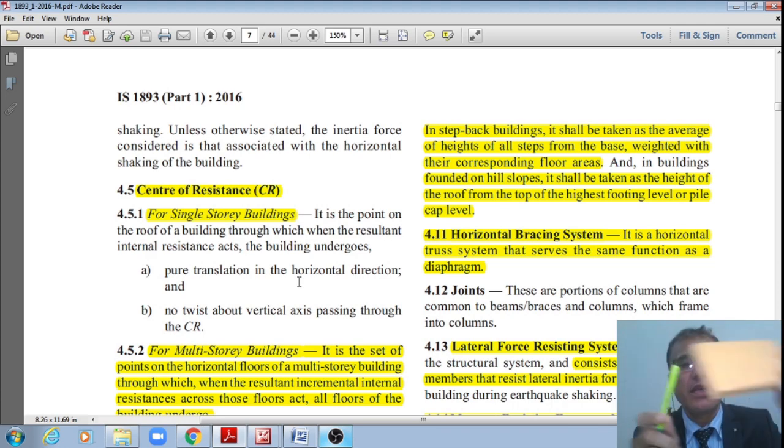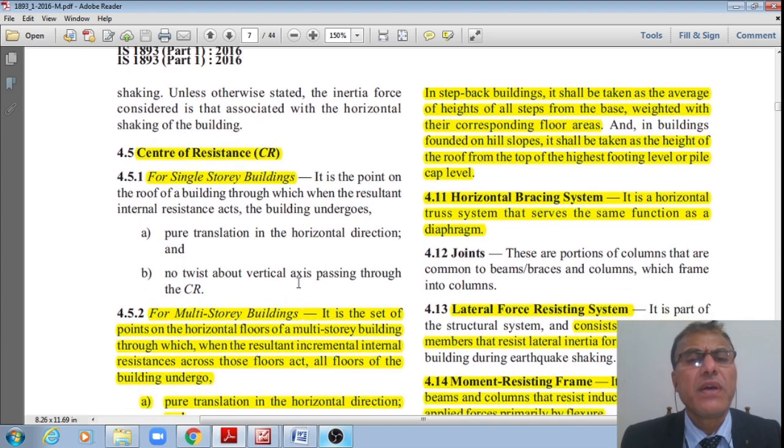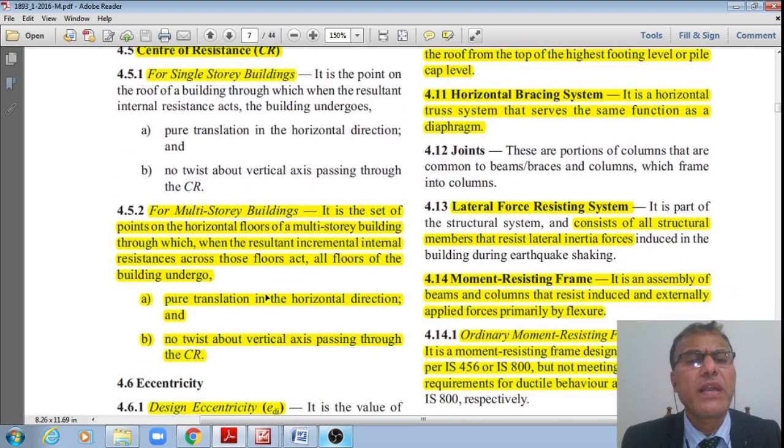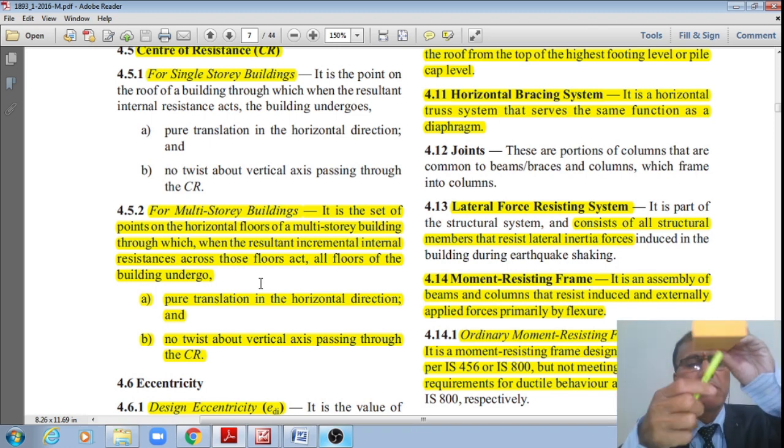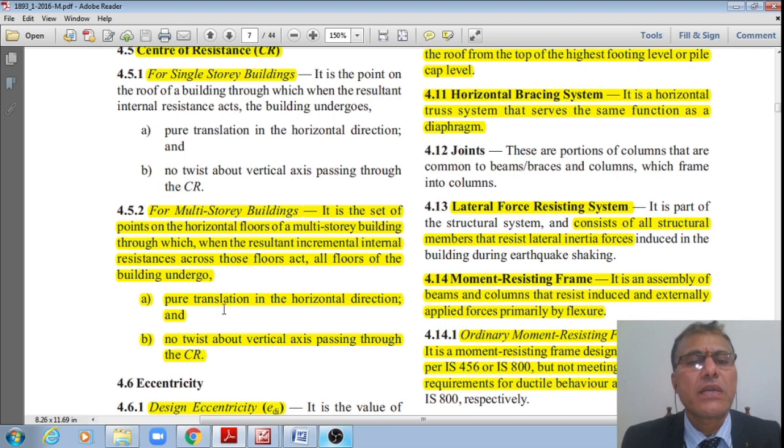Then that is what is called the center of resistance for a single story building. Whereas for multi-story buildings, it is the set of points on the horizontal floors through which, when the resultant incremental internal resistance across those floors acts, all floors undergo pure translation in the horizontal direction and no twist about the vertical axis passing through the center of rigidity. And that is what is called the center of resistance.